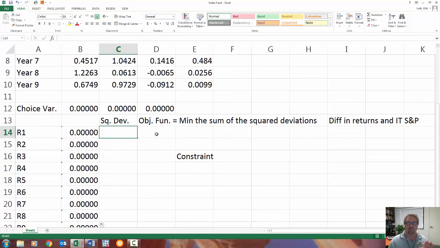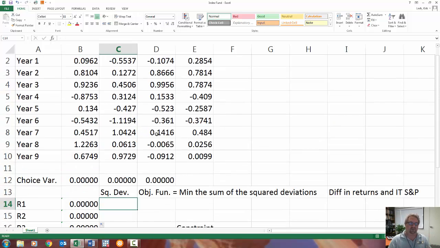And then we need to calculate our squared deviations, right? Because we want to minimize the squared deviations between the return in each year and our index. So here, I'm going to take the return from year one minus the index from year one, and then I'm going to square that.